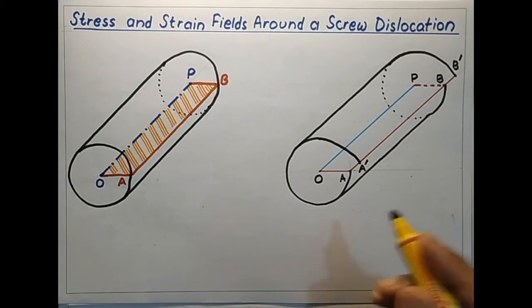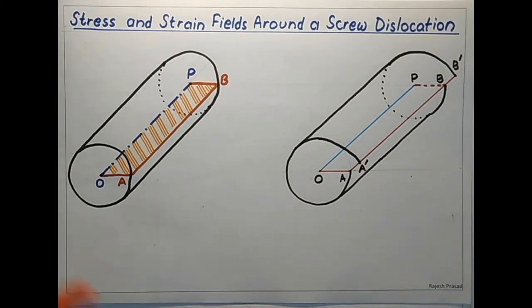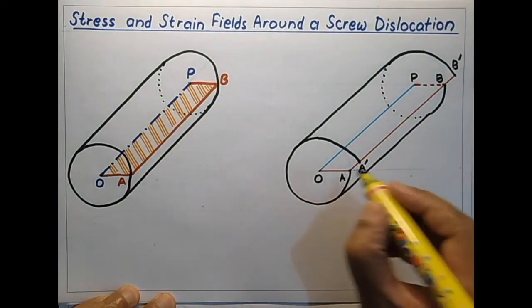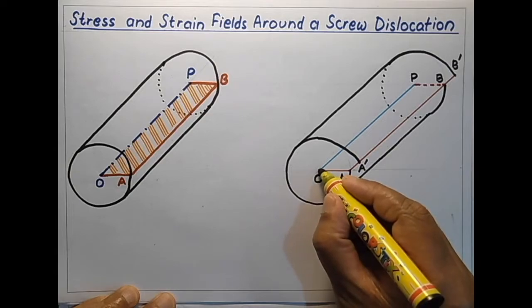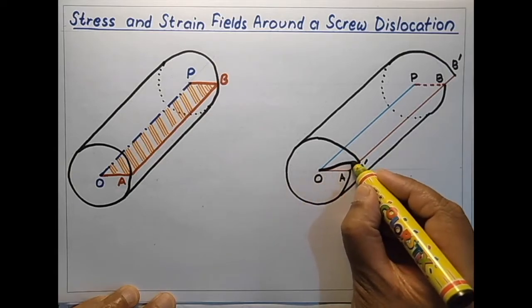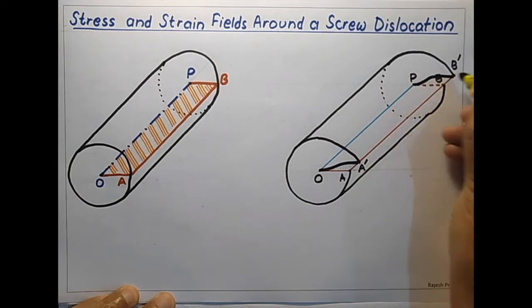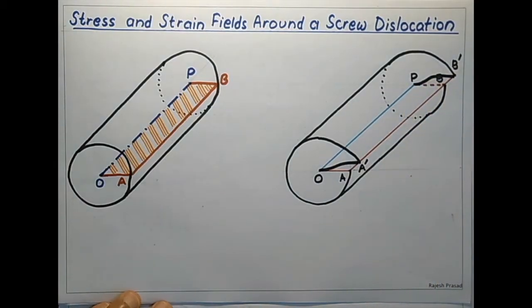So this was my cut plane, and now the point A has shifted to A prime. So the original line OA has now become something like this.